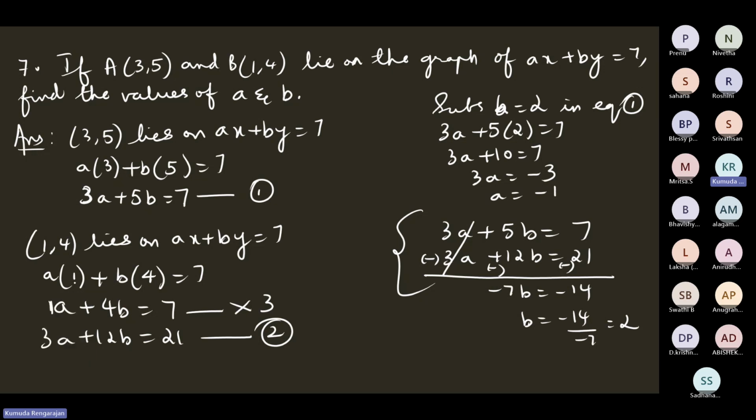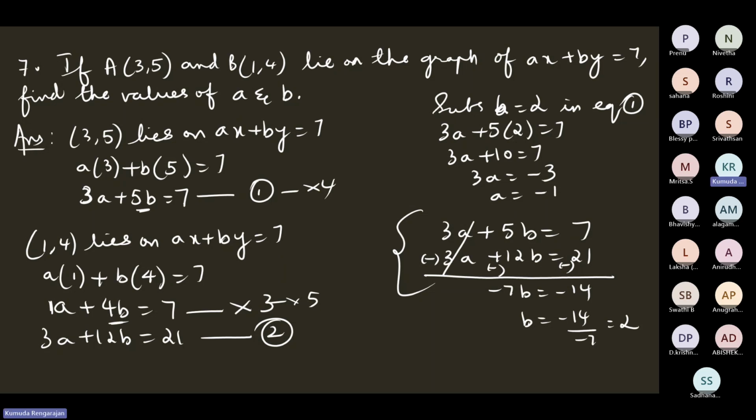So how will you make a 20b in the two equations? To make this 20b, you should multiply this equation by 4. To make this one 20b, you should multiply this equation by 5. See, you can multiply an equation throughout by any number other than 0.